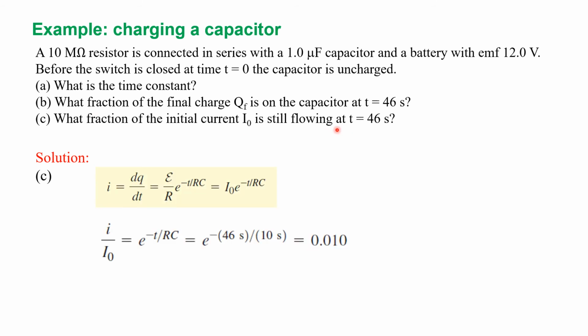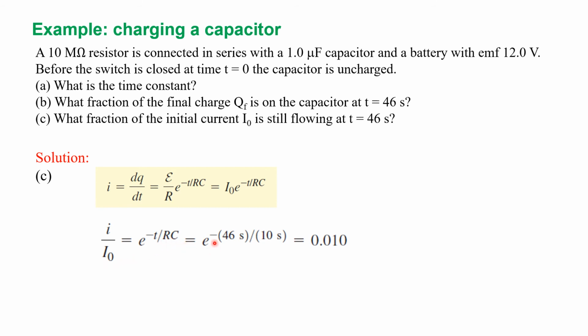Next, what fraction of the initial current I naught is still flowing at 46 seconds? So we are asked for the fraction of the initial current I naught, that is I over I naught. So we have this equation here. This is just direct solving. You have I over I naught equal to e to the negative t over RC.